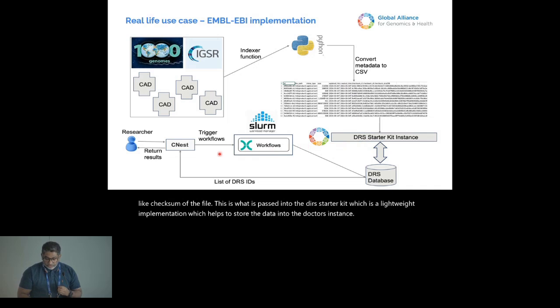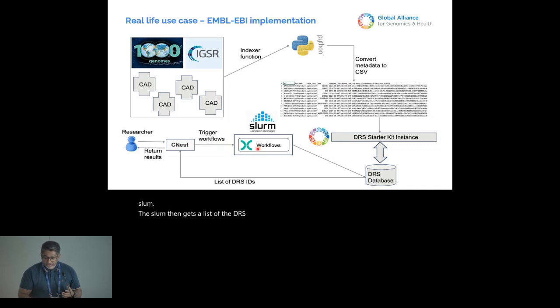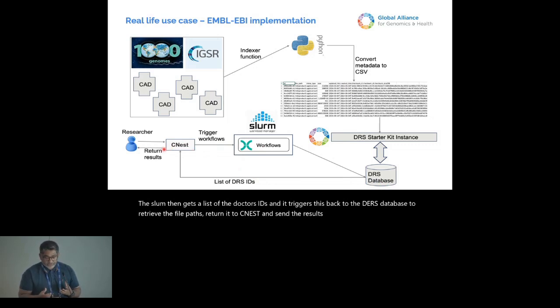Now, from the manual perspective, the researcher, in this case within the EBI network, triggers a script, which then triggers the Nextflow workflows, which are hosted on Slurm. The Slurm then gets a list of the DRS IDs, and it triggers this back to the DRS database to retrieve the file paths, and after computation analysis, sends the results back to the researcher.